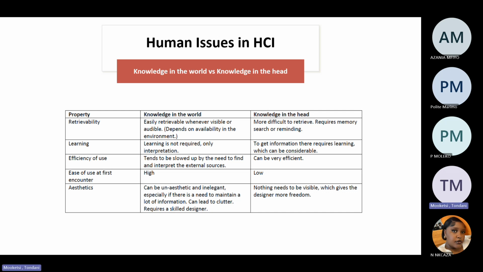We spoke about colors earlier, that they use the right colors that don't distract the user. So it is important for knowledge in the world to pay attention to the design of the interface. Well, with knowledge in the head, nothing needs to be visible, which gives the designer more freedom.